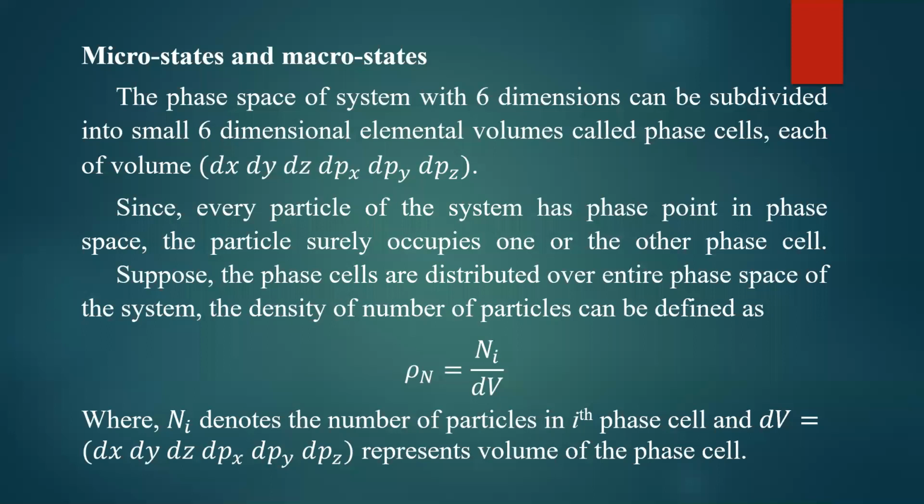Then the density of number of particles is defined as the number of particles in a particular phase cell divided by the volume of that phase cell. That is number per unit volume. That is what density of particles says.